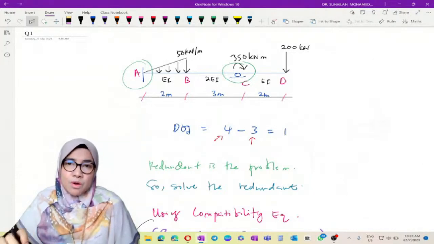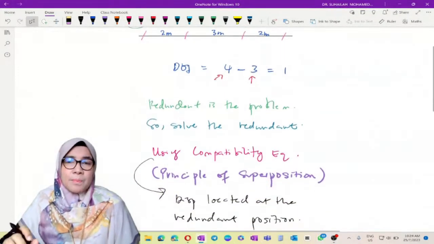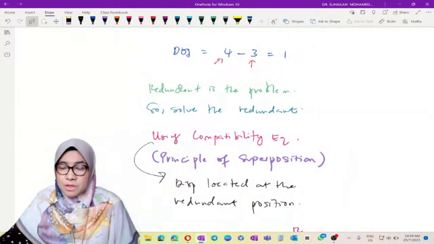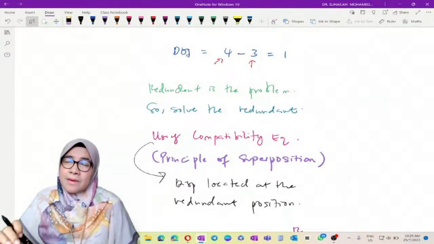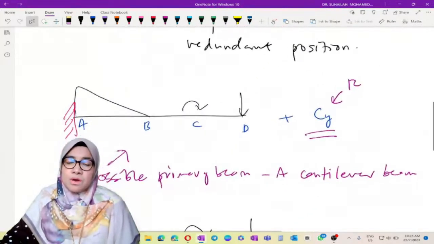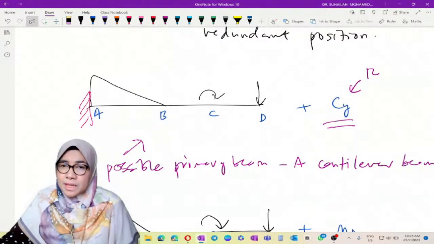We will solve the redundant using what we call the compatibility equation. The compatibility equation is derived from the principle of superposition, and it is based on the displacement occurring at the redundant position. In order to solve for the redundant, we have to remove the redundant.